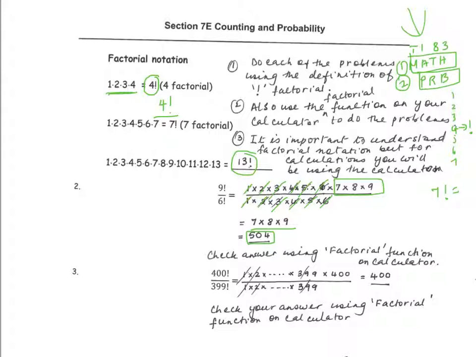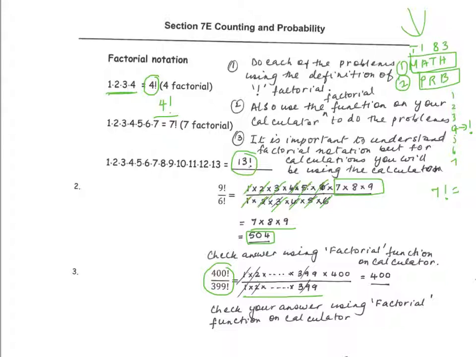So what about 400 factorial over 399 factorial? Now we can kind of do this in our heads. 400 factorial is the product of every number 1 through 400, divided by 399 factorial, the product of all natural numbers 1 through 399.